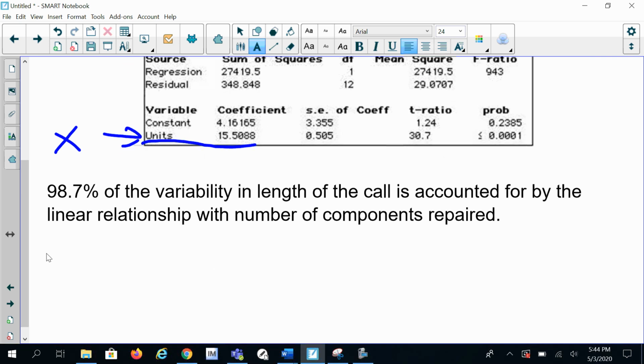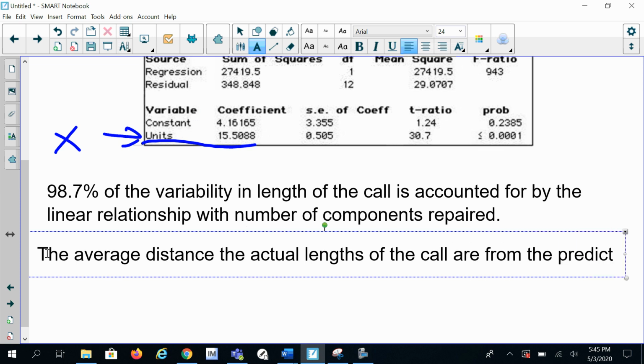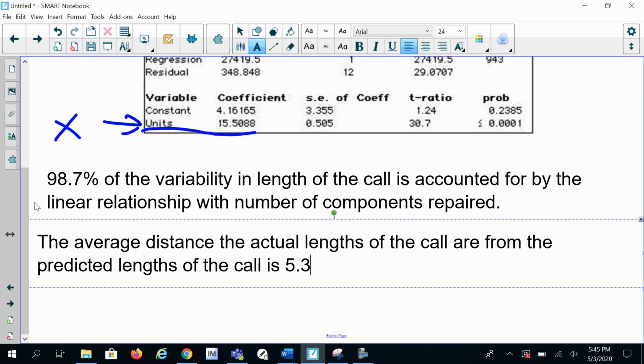So we would say the average distance the actual lengths of the call are from the predicted lengths of the call is 5.392 minutes.